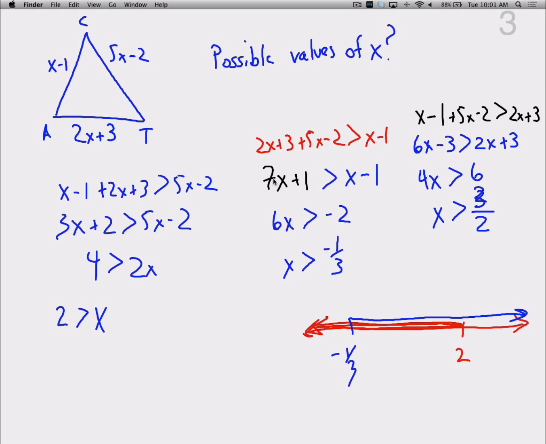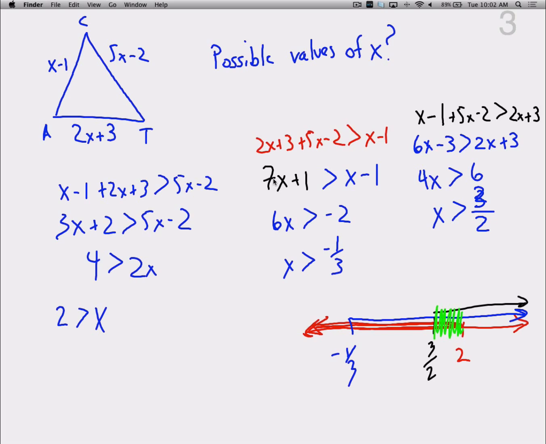I want x to be greater than 3/2. After all of that, where's the answer? It's all the values that are all 3 colors. And so that is my answer.